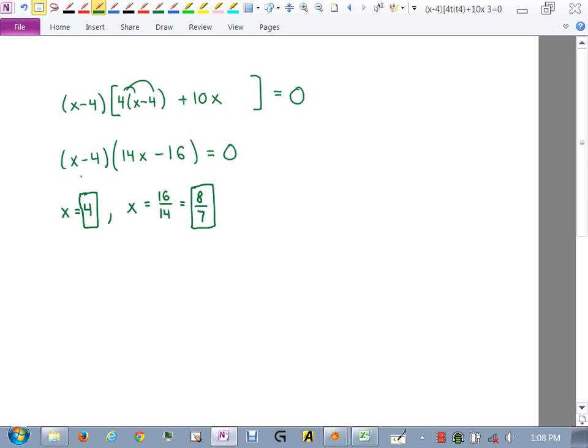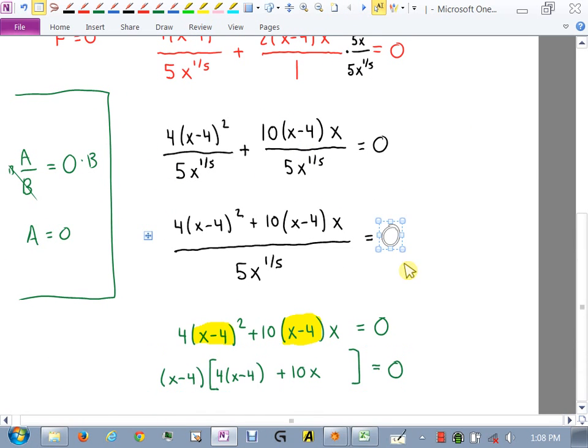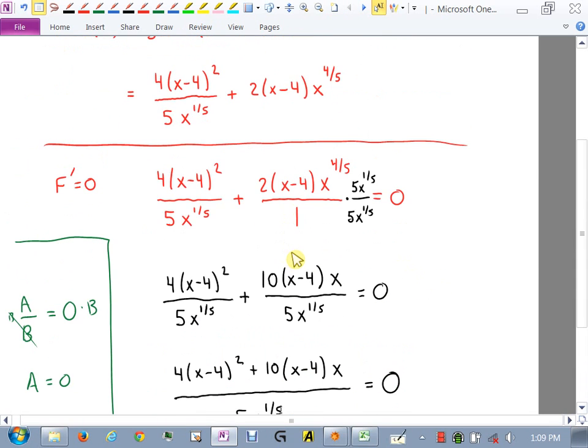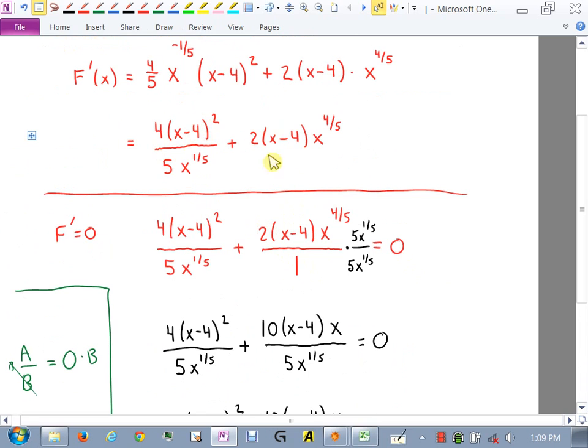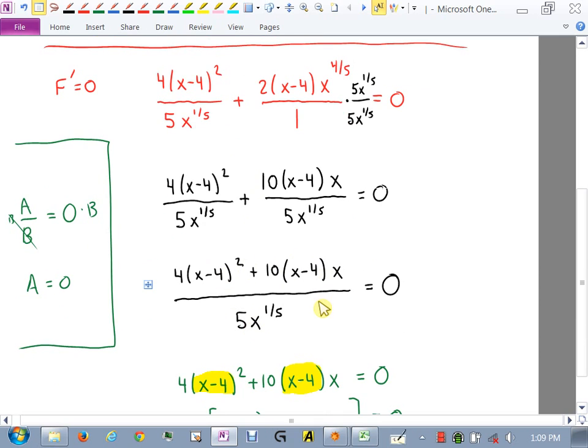Now, the second thing I need to look at is when does the derivative not exist? And for that, I need to go back and take a look at my derivative. And keeping in mind that my derivative was here, right? I simplified, I got a common denominator and did all this, and I had this expression. I could be looking here.